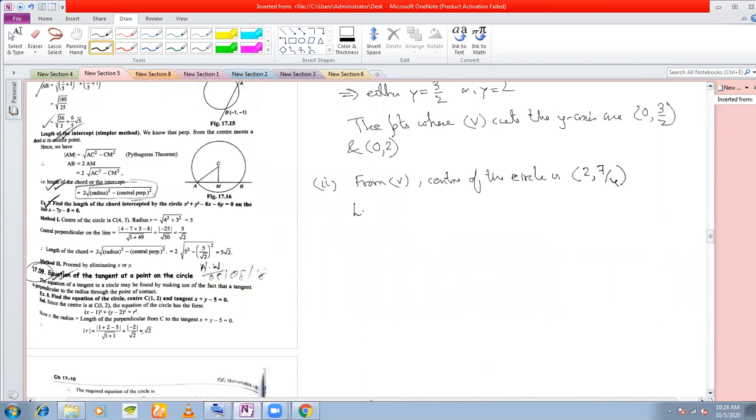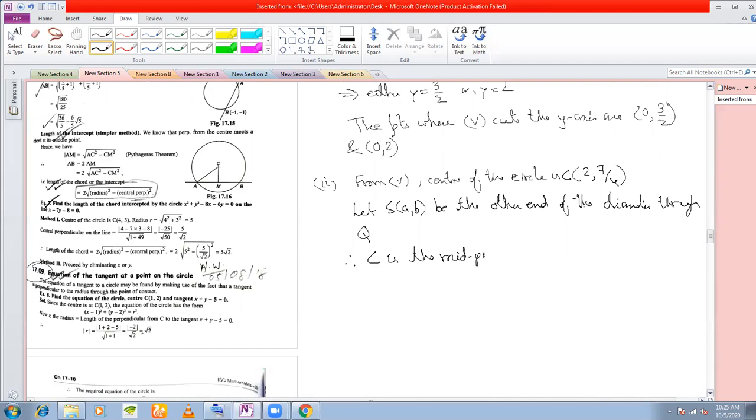Let S be the other end of the diameter through Q. Let us call the center of the circle C. Therefore, C is the midpoint of what?